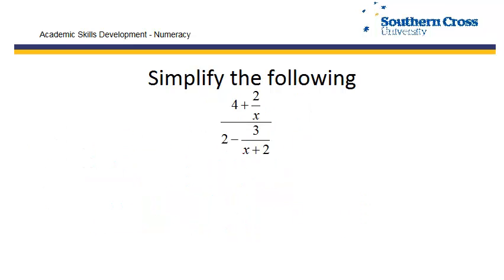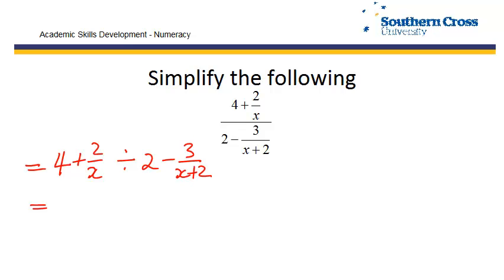This one's a more complex one, and what I'd suggest that you do here is this is written as a fraction within a fraction. It's quite difficult to deal with. I'm going to suggest that we write that as 4 plus 2 over x divided by, so instead of using fraction form, we use the divide sign form, 3 over x plus 2.